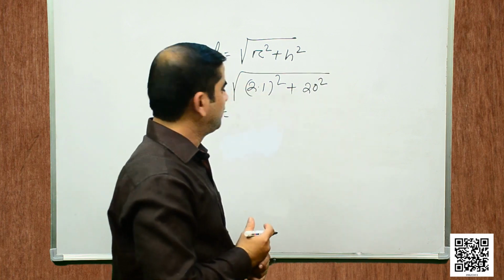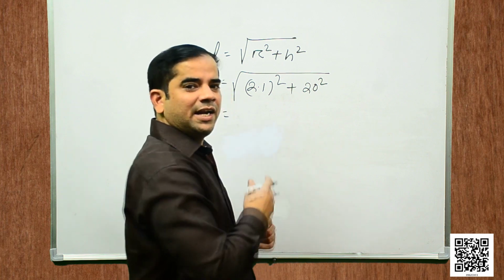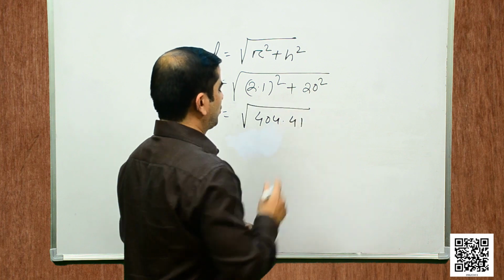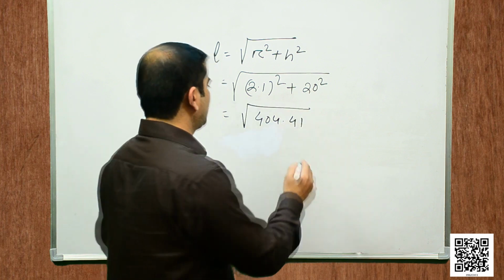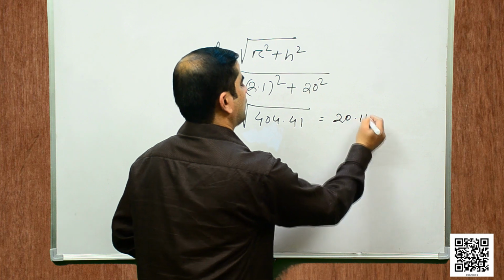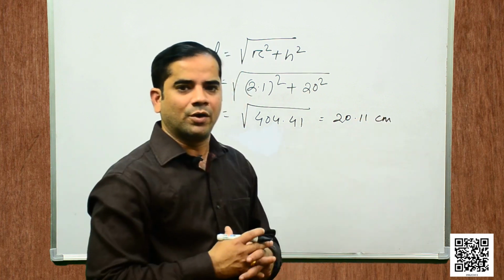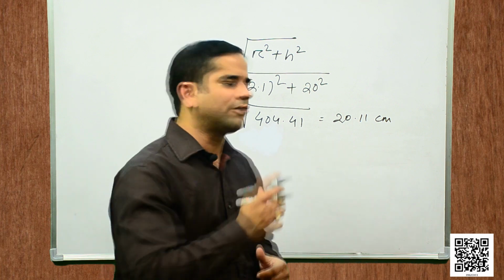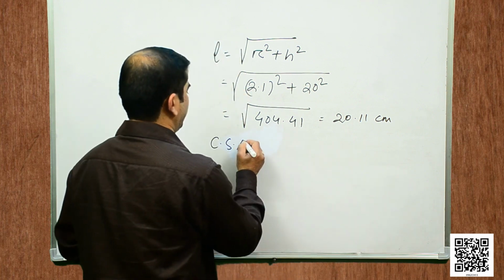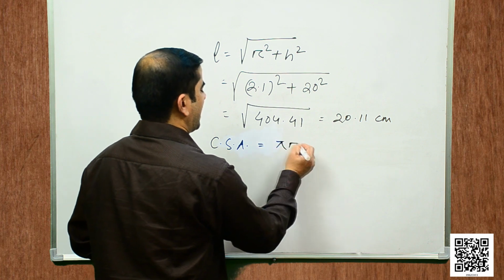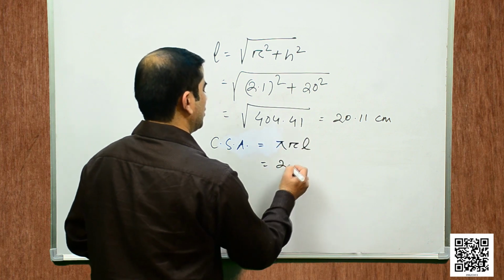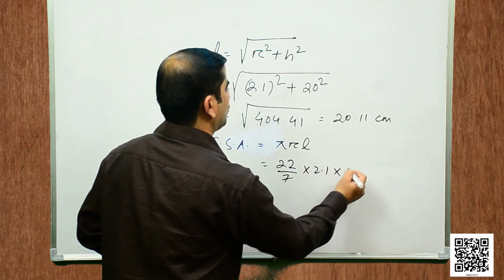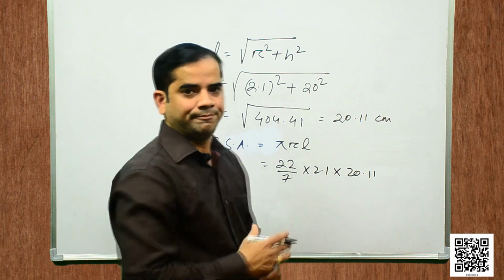Okay. So, when we calculate, it will be square root of 404.41, or 20.11 centimeter. Okay. Therefore, let us now find out the curved surface area. Curved surface area is equal to pi r L, that is 22/7 into 2.1 into 20.11.